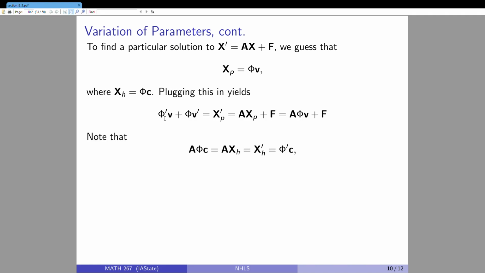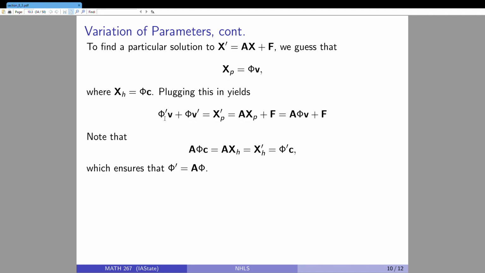A times the fundamental matrix times C. Fundamental matrix times C is the homogeneous solution, which means that A times the homogeneous solution should be the derivative of the homogeneous solution. Now, C is a constant, so its derivative should just be the derivative of the matrix phi times C. And the only way this is going to fly is if phi prime is A phi, right?